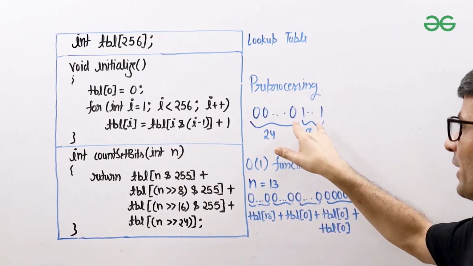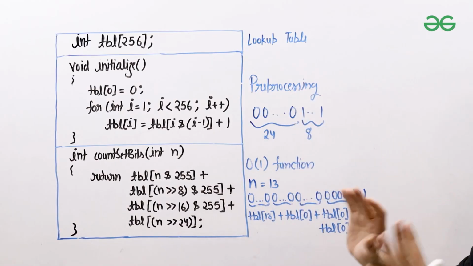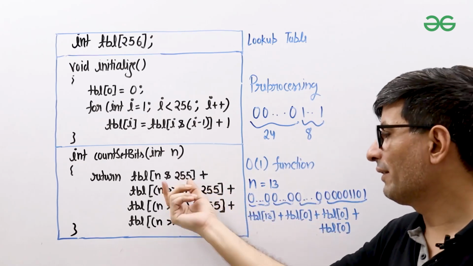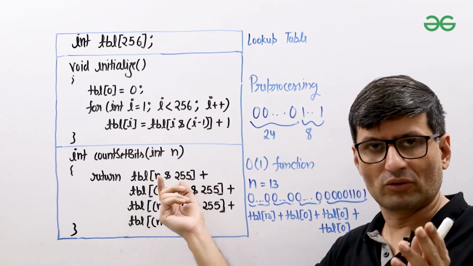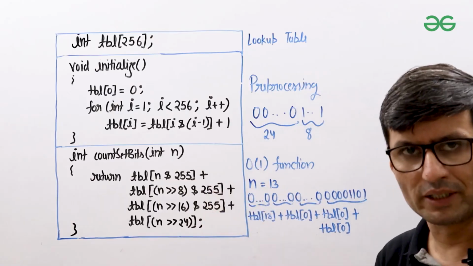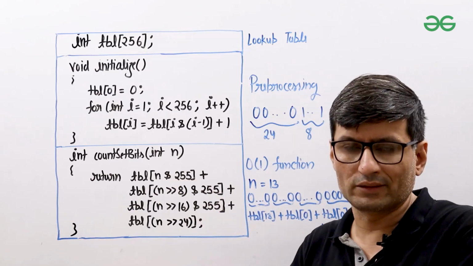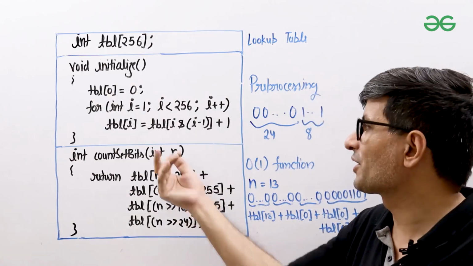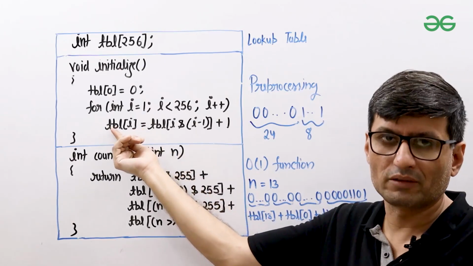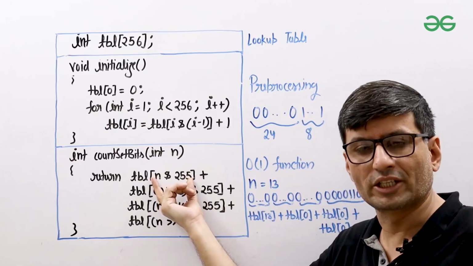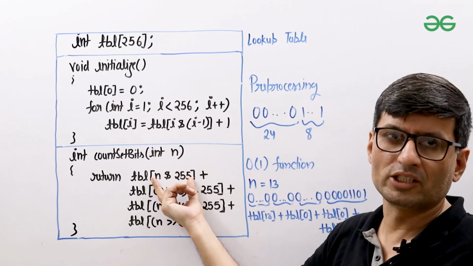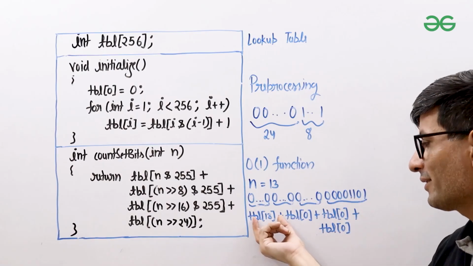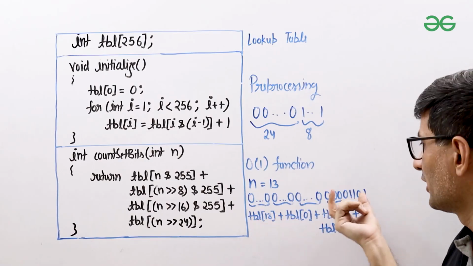Now we have a number which has set bits only in the last 8 bits, which is a number less than 256. And we can count the set bits in such a number by doing a lookup into our table. So we do a lookup of this expression in the table. This number is definitely less than 256, and we get the count. In the case of 13, we get the count as 3. There are 3 set bits here.